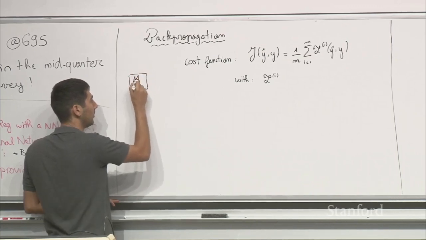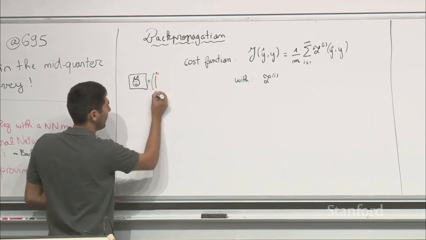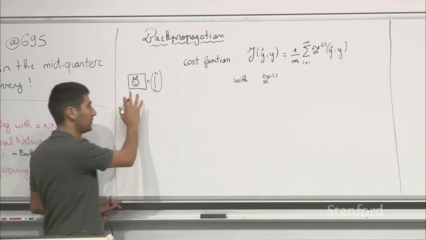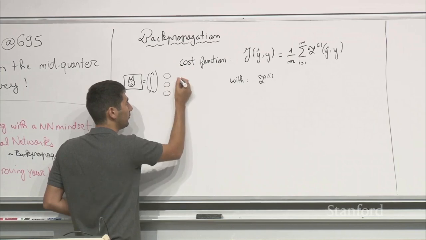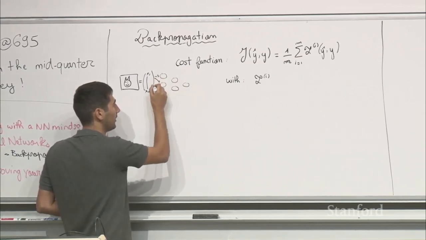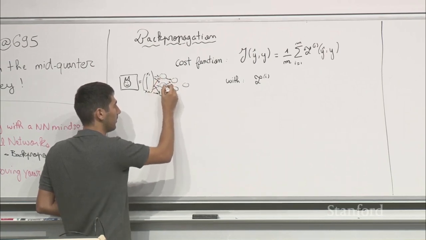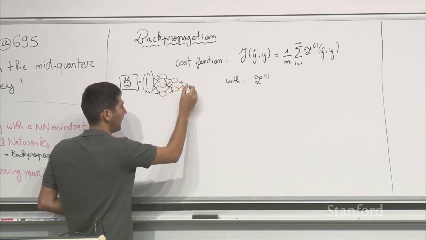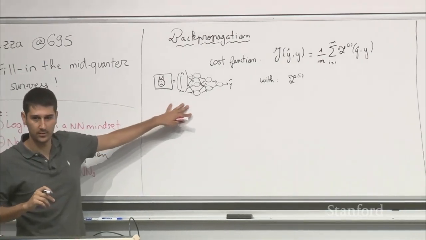Remember this guy? x1 to xn. The cat was flattened into a vector, RGB matrix into one vector, and then there was a neural network with 3 neurons, then 2 neurons, then 1 neuron. Fully connected everything, and then we had y hat. You remember this one?